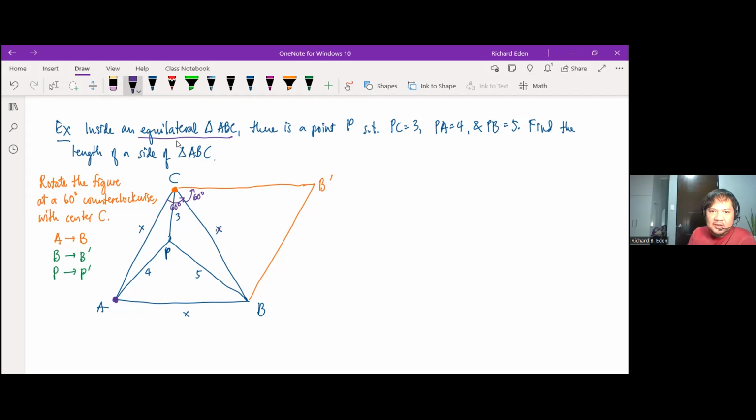Okay. Pero nung P prime, wait, let me remove this X so that I could use the space much more. The eraser is not erasing.